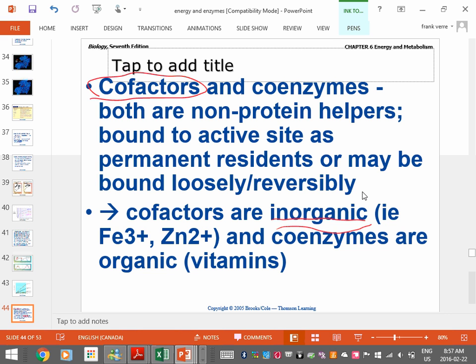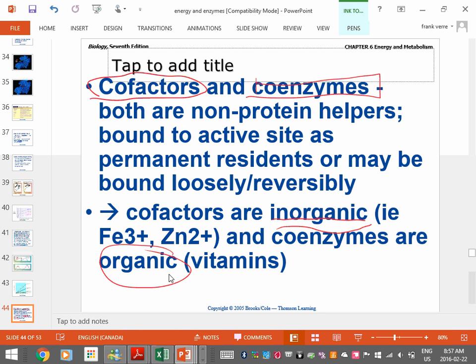A coenzyme is similar to a cofactor. The difference is it's an organic molecule. Okay? So it's made up of lots of carbons and hydrogens and oxygens.